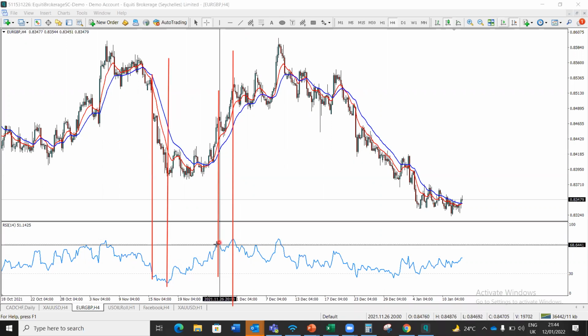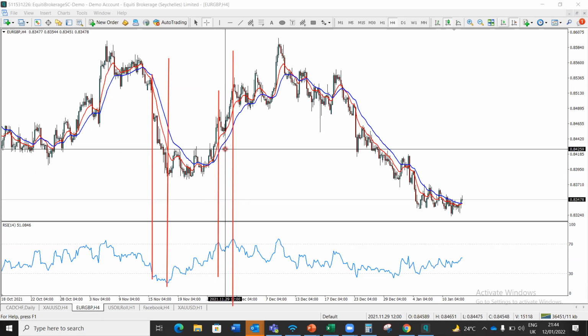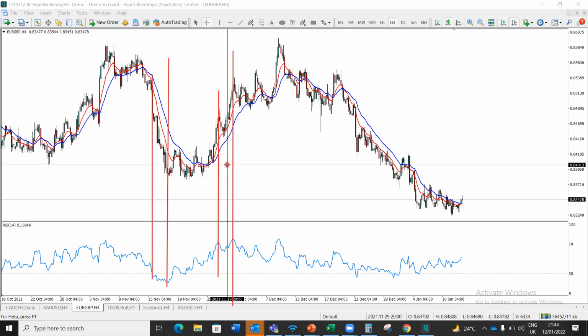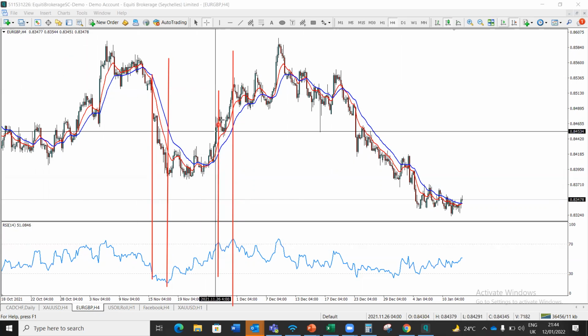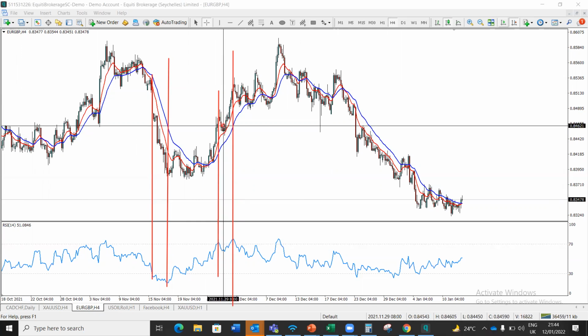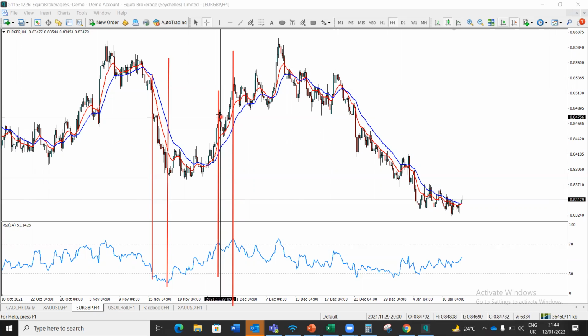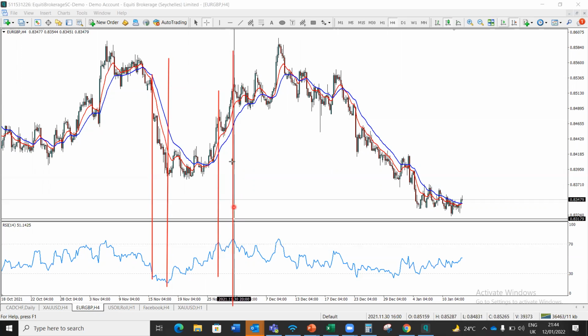In this case, the RSI got to 70. You can see that here. This is a 70, right? So when it got there, what that simply means is that the buyers of this particular asset, EUR/GBP, is now overbought. So what happens is that the sellers came into the market and tried to push the market a little lower. That is a corrective move we're talking about that we saw here. The same thing happened when it got above 70 here.